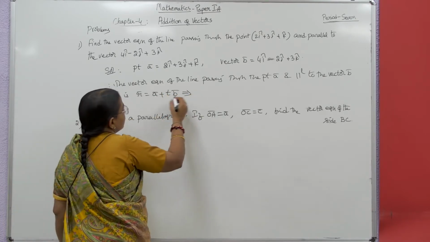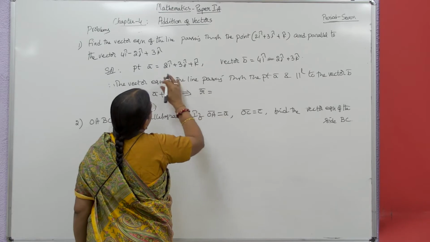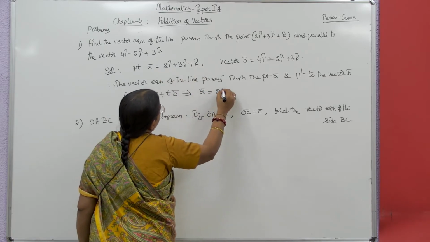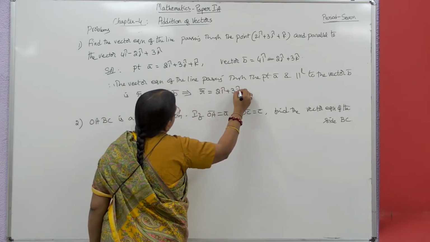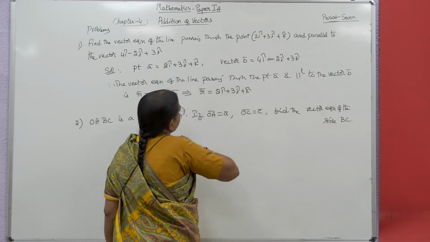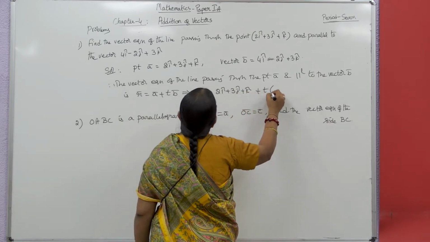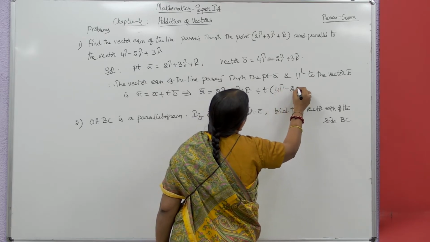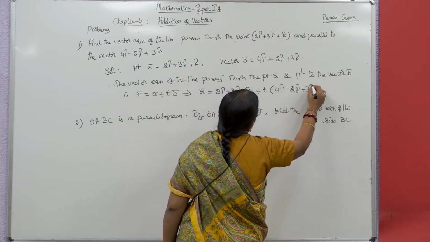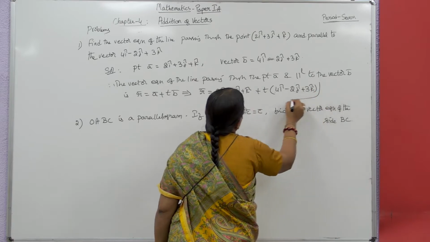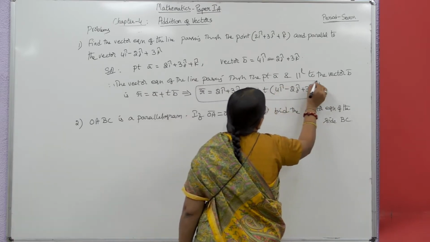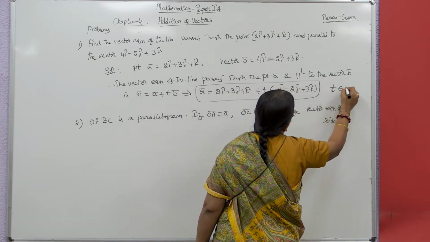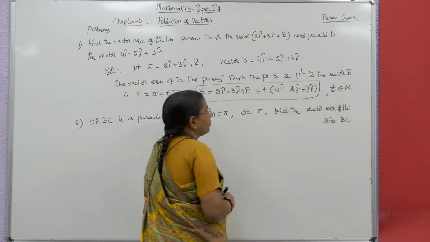That means r = a, substitute the point 2i + 3j + k, passing through the point a and parallel to the vector b. So t times b, where b is 4i − 2j + 3k. So this is your answer, r = (2i + 3j + k) + t(4i − 2j + 3k), where t is a real number.